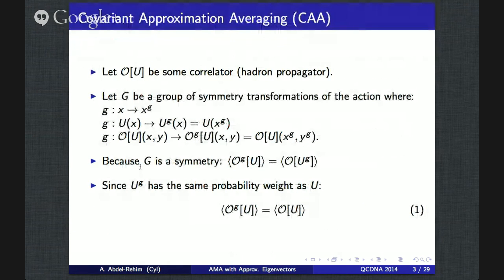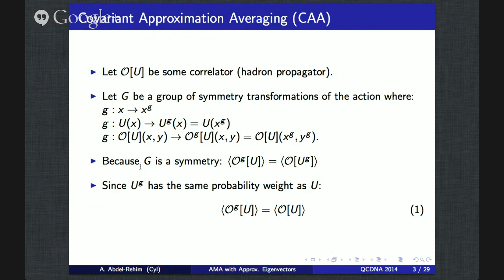So again, the covariant averaging is, if we imagine that this O of U is a gauge configuration, O is some correlator we calculate on the lattice, the nucleon propagator, for example, or a 3-point function, let's say. And we imagine that we have a symmetry of the action. In this particular case, my understanding from this paper is that most of the discussion goes into translational invariance.